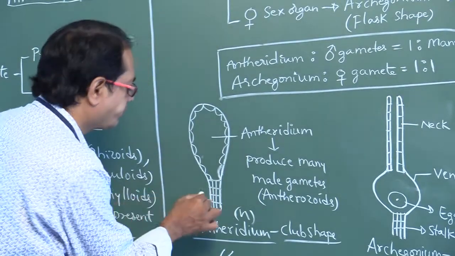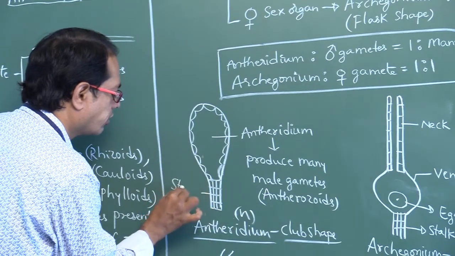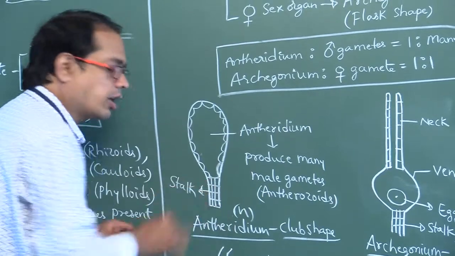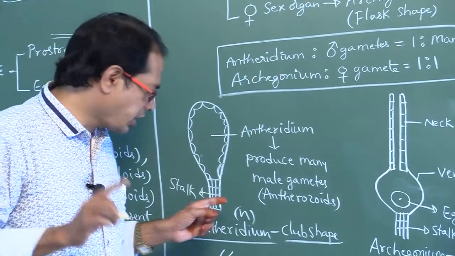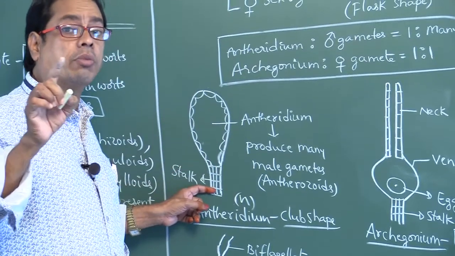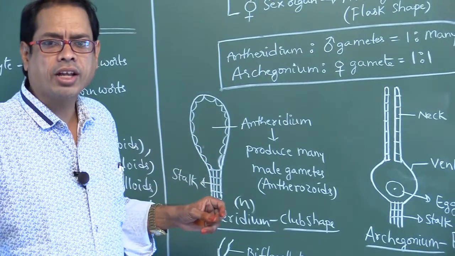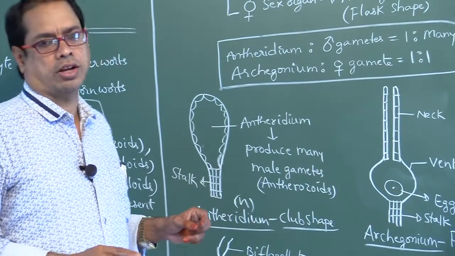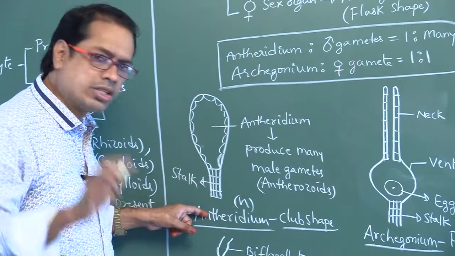This is a stalk, and that stalk is multicellular. Sex organs that are multicellular, jacketed and with stalk are found in Bryophyta, whereas in Pteridophyta, sex organs are stalkless. This Antheridium is haploid.